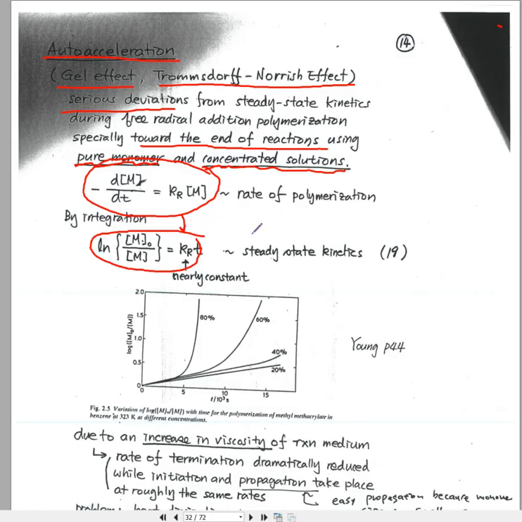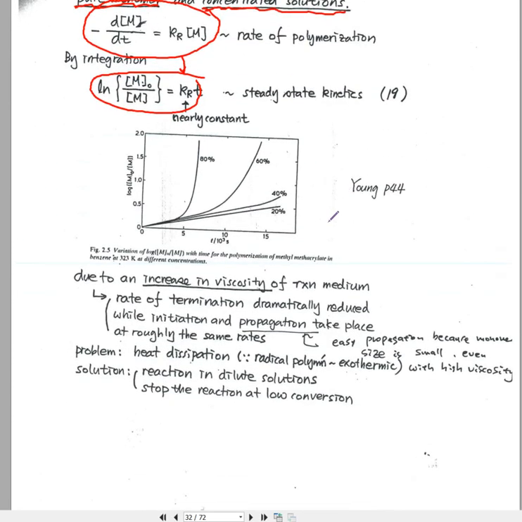It's quite obvious, but in reality, this is the picture from the textbook. If you look at log M0 over M, which in theory should be proportional to the reaction time t, it is proportional at the beginning of the reaction, but as the reaction lasts toward the end, this value shows a sudden increase.